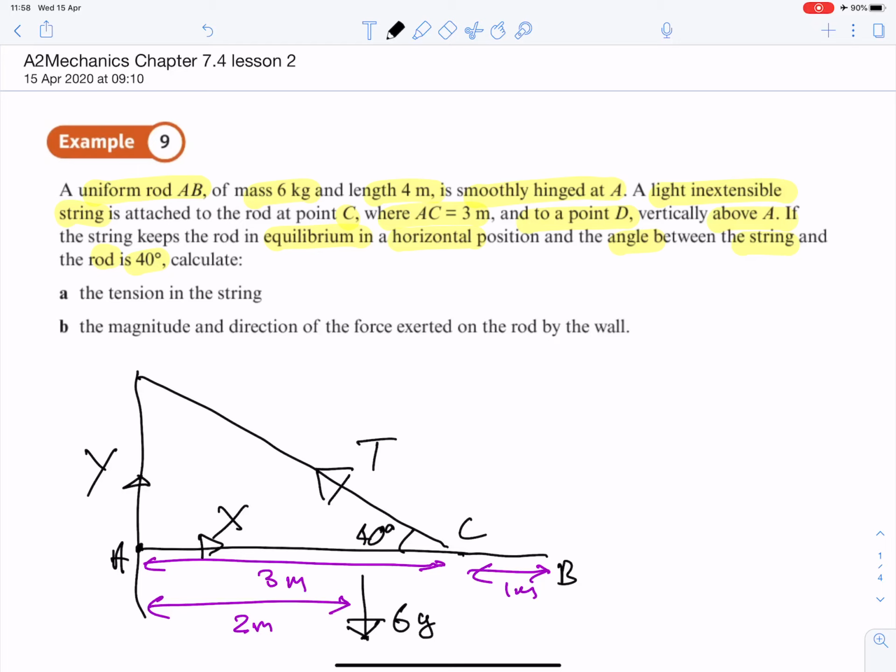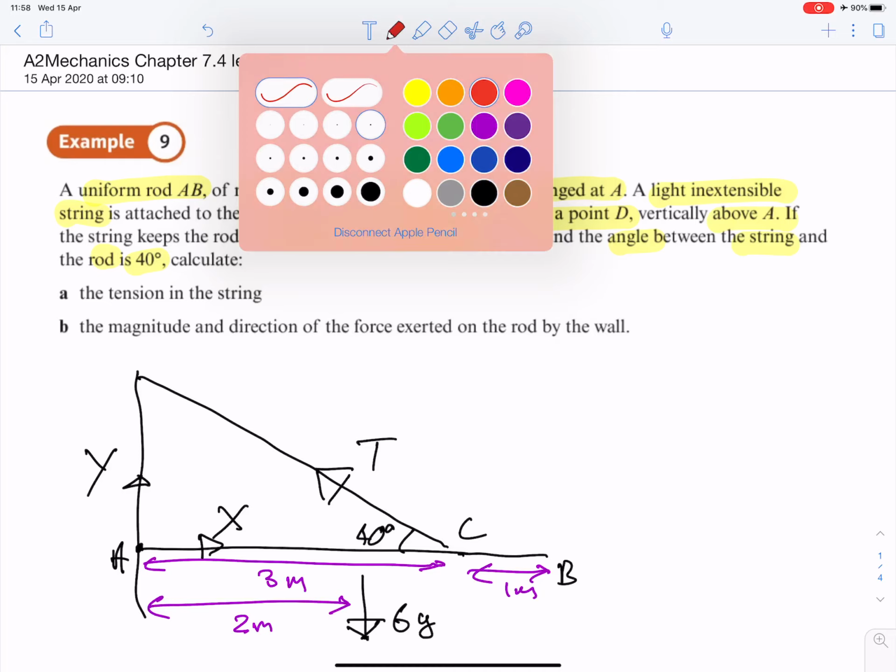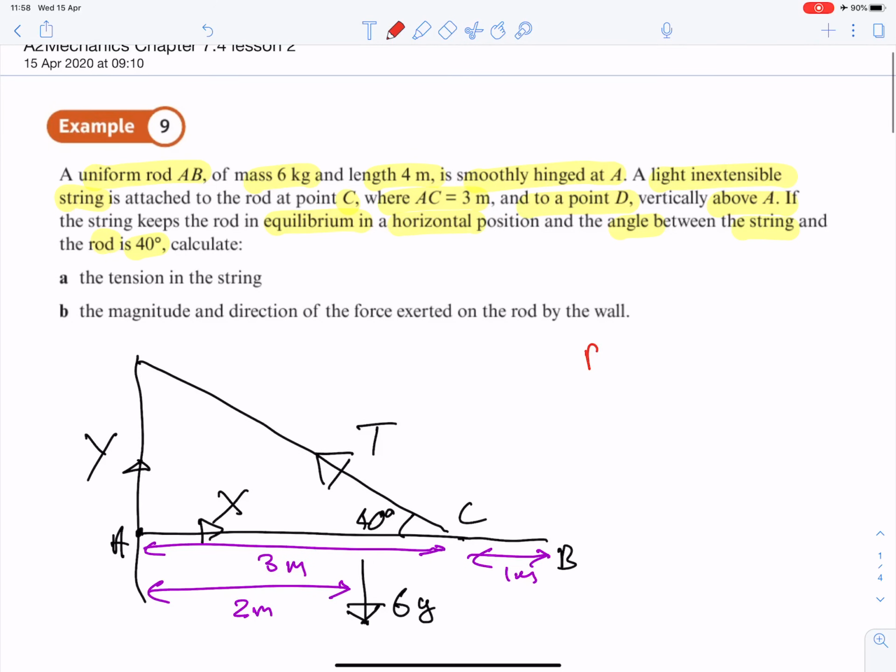Notice the forces I've put onto the diagram are all the forces acting on the rod, not the forces acting on the string or on the wall. It's the rod I'm interested in, because each one of these will have an equal and opposite reaction. Every action has an equal and opposite reaction.